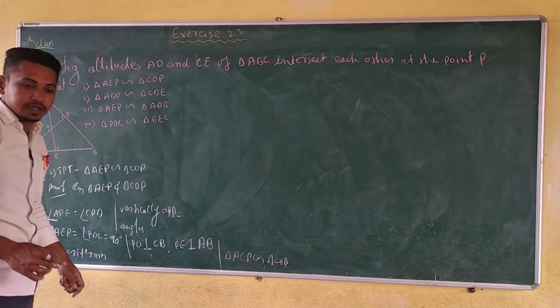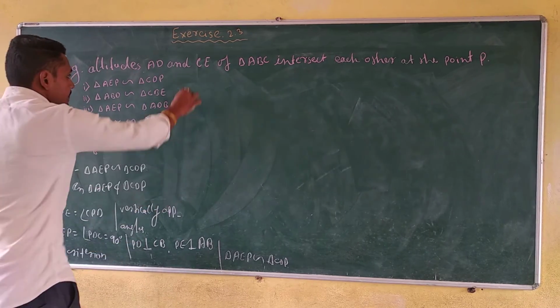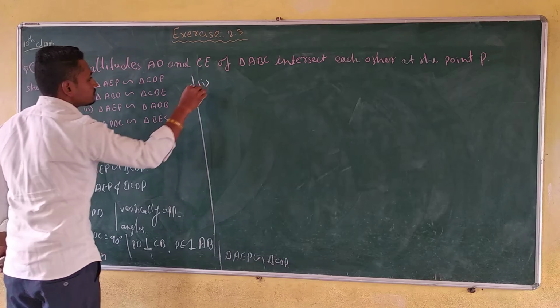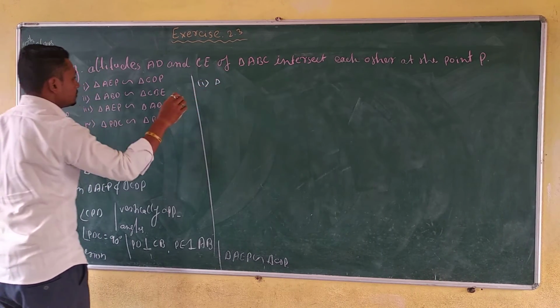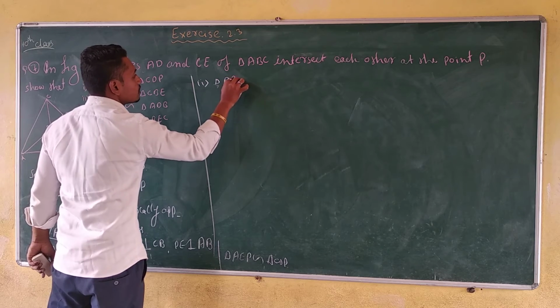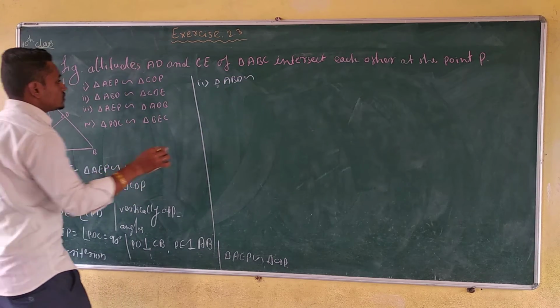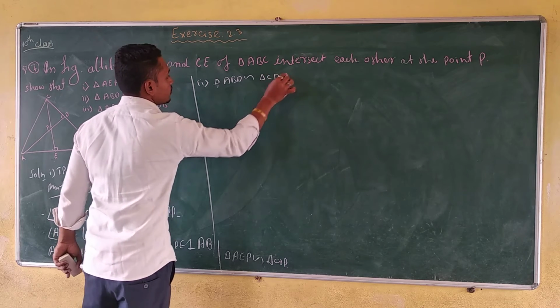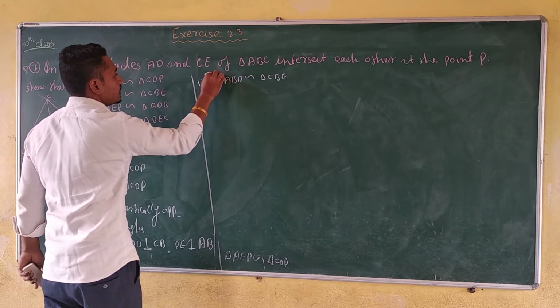Triangle CDP, is it right? Next, the second one, see here, the triangle ABD is similar to triangle CBE. Okay, to prove that, here in the PPT, to prove that.